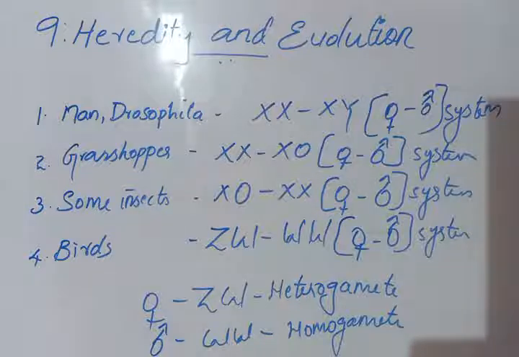Here the female has X0, male has XX. Then last, in case of birds, ZW belongs to female, WW belongs to male. In some insects and birds, females are responsible for the sex of the child, whereas in man, Drosophila and grasshopper, the male is responsible for the determination of sex of the child. So these are about sex determination by sex chromosome.